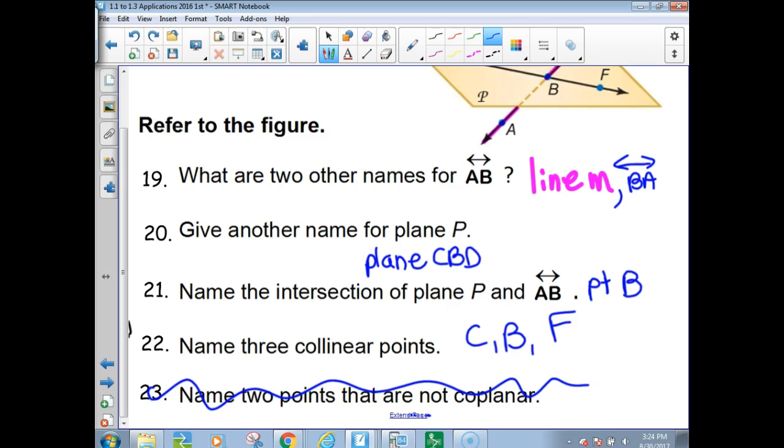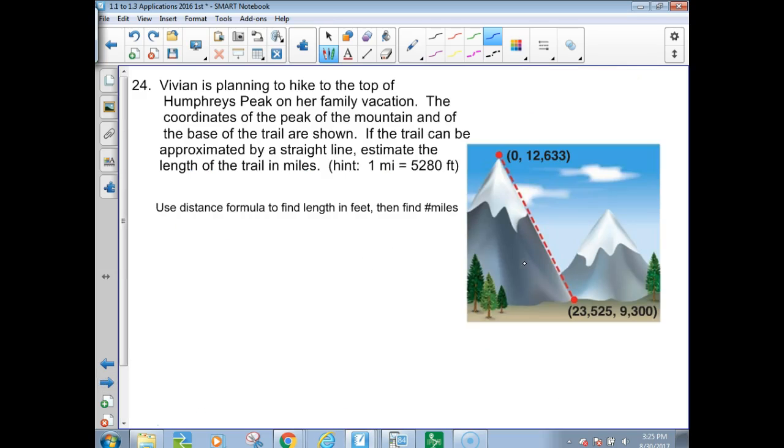Can't you make a plane through any 2 points? You can make a line through any 2 points. I have no idea where that question came from. You can always make a plane through 2 points, and you can always make a plane through 3 points. So this was a terrible question, shouldn't be here. I would never ask you that. Cross it off.